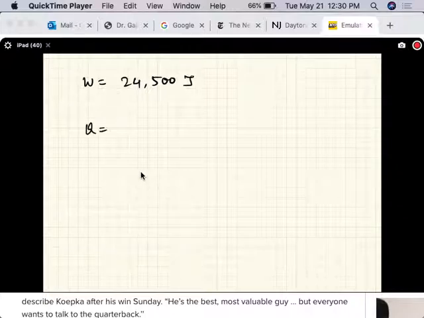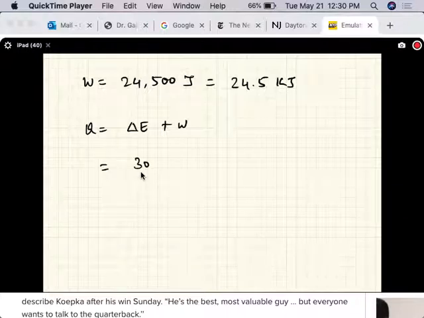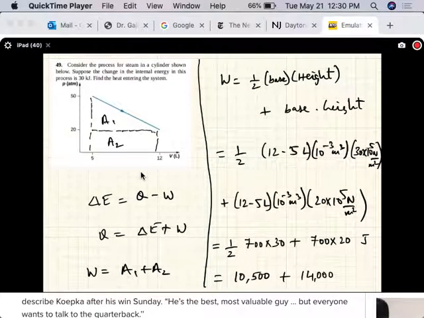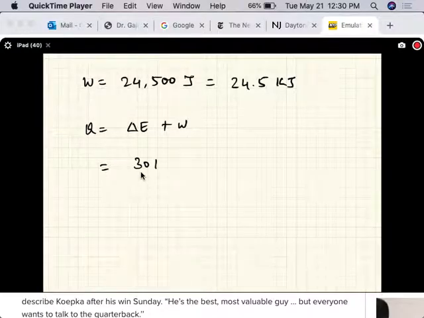So the amount of heat added is delta E plus W, equal to 24.5 kilojoules. The heat added was 30 kilojoules plus 24.5 kilojoules.